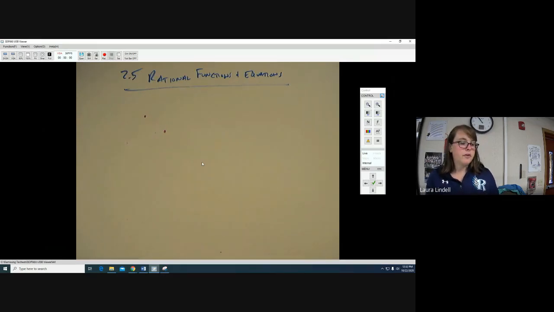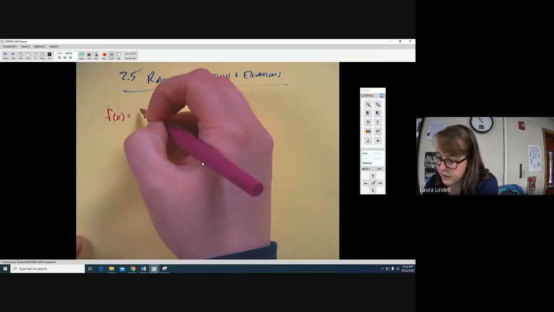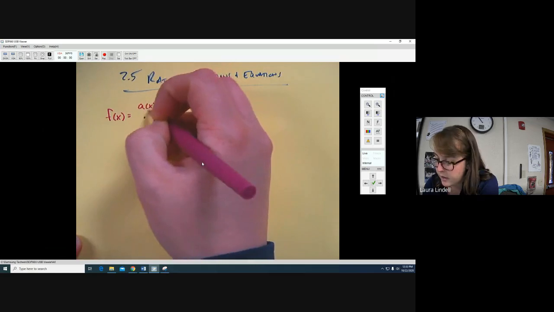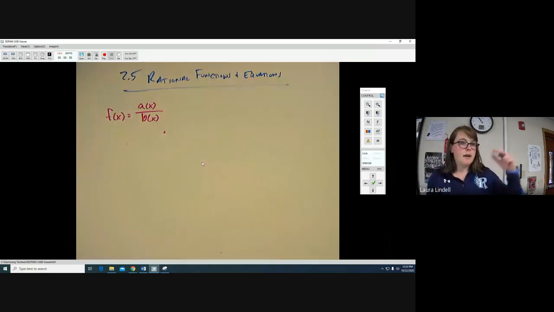Okay, so first of all, a rational function is any function that can be written in this format here. F of x equals a of x over b of x. So a function on the top and a function on the bottom, pretty much.